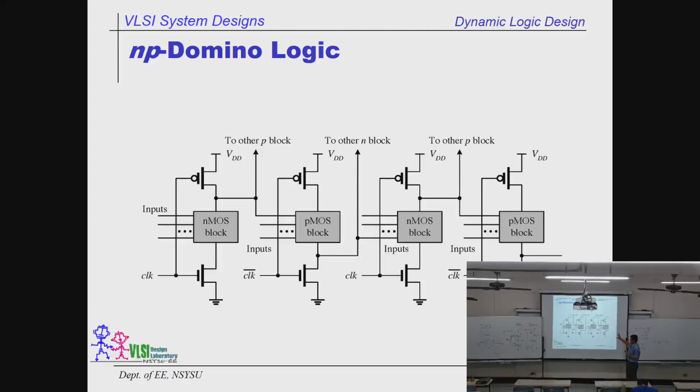You can check it from the textbook. Besides that, the clocks used for these interleaved stages are out of phase: clock, clock bar, clock bar. So this is called the MP domino logic. You should know it, but I don't encourage you to realize it.